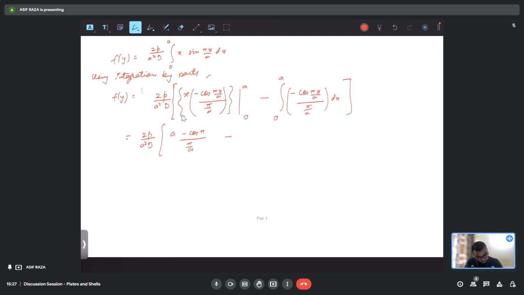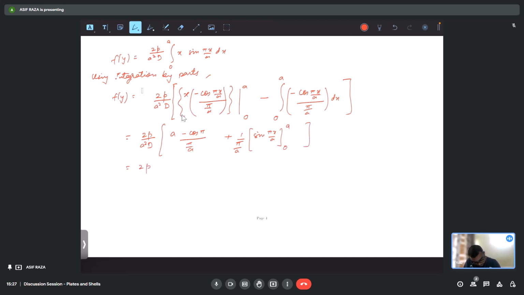So what this would be plus 1 upon pi by a, and on integration it will give me sin(pi x by a), limit from 0 to a.